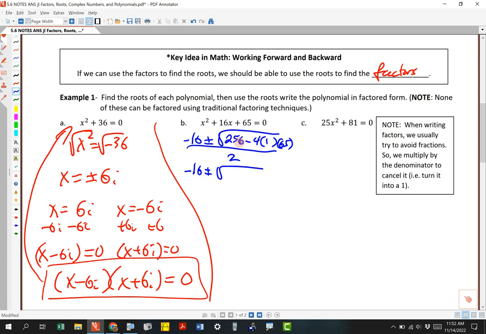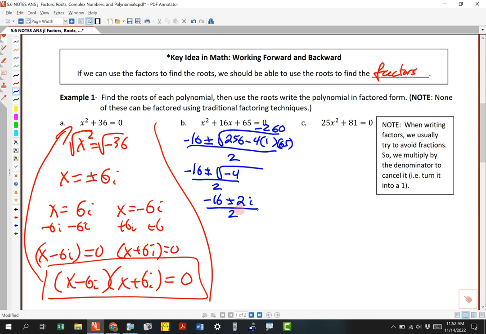Okay, take a look. 256 minus, on your calculator, do 4 times 65. 4 times 65, correct me if I'm wrong, is 260. So this is a negative 4, all over 2. So this is going to be negative 16 plus or minus 2i over 2.